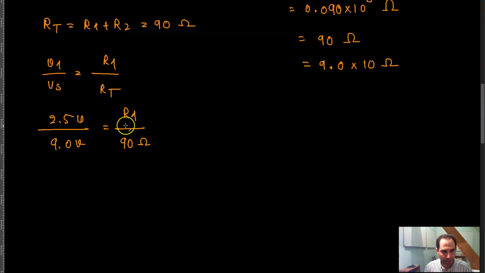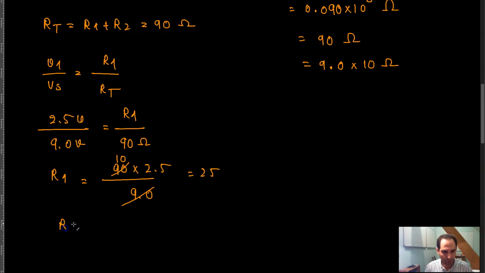And that means that R1 would be equal to 90 times 2.5 divided by 9.0, and 90 divided by 9 is equal to 10, and 10 times 2.5 is equal to 25.